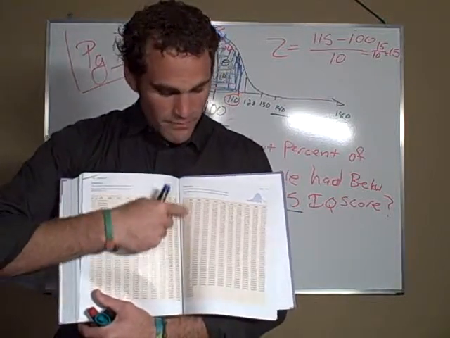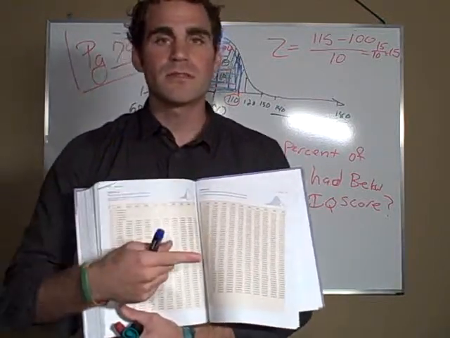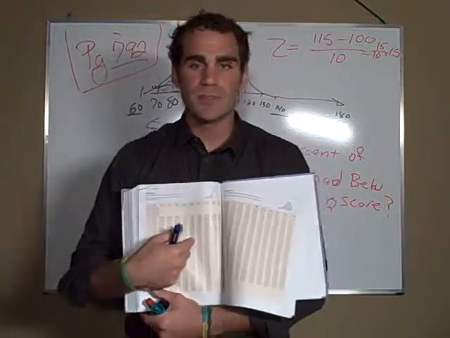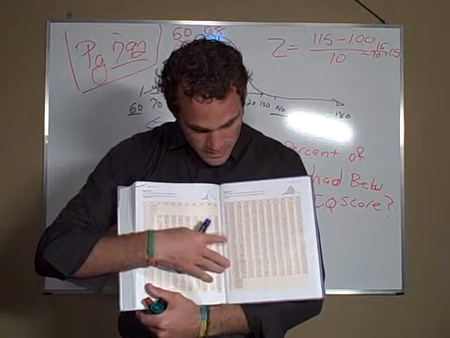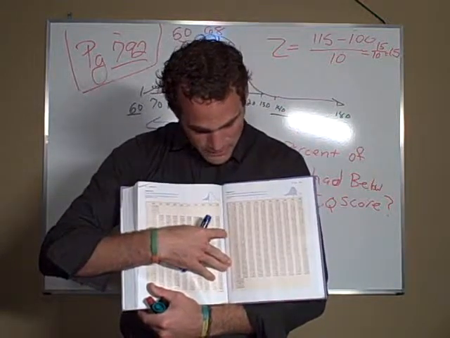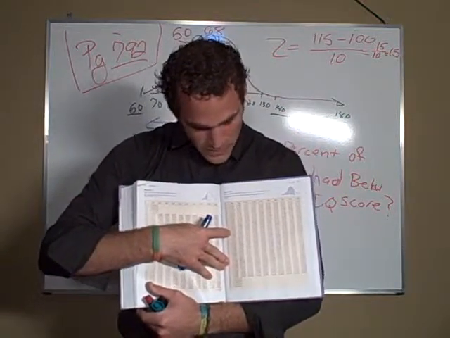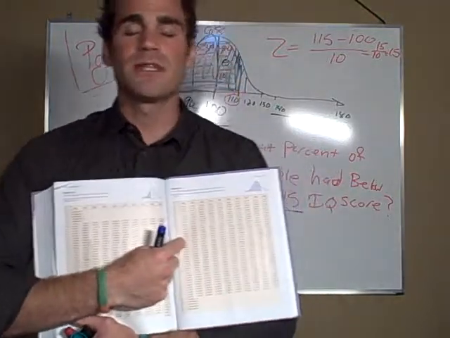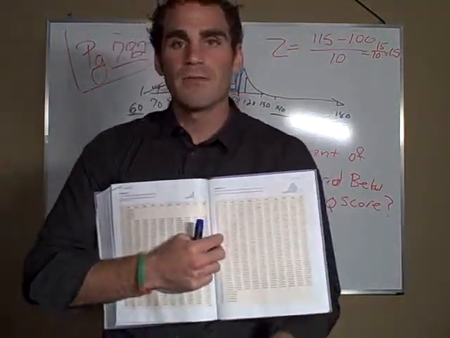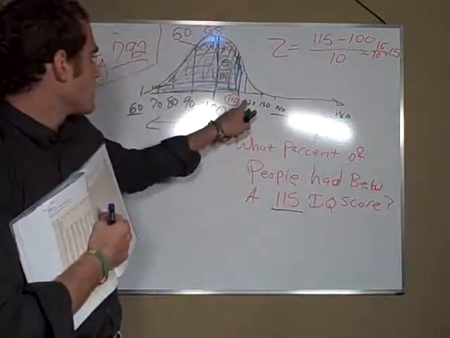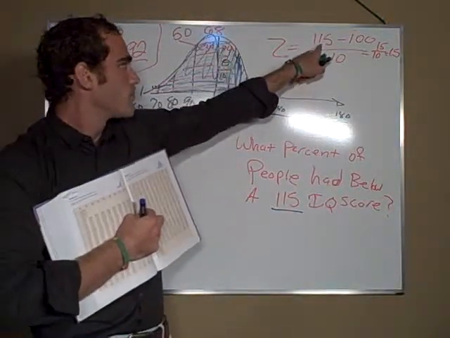So 1.50. If this doesn't make sense, please do the reading in chapter 6 and follow the directions. And you can see at 1.5, get your finger there, and see that 93% of people scored below a standard score of 1.5.